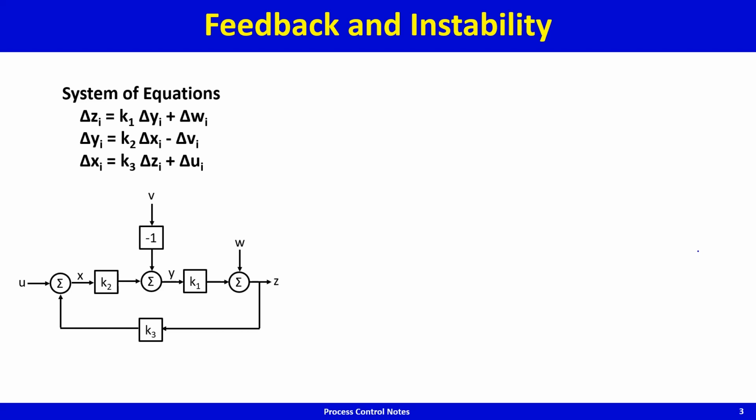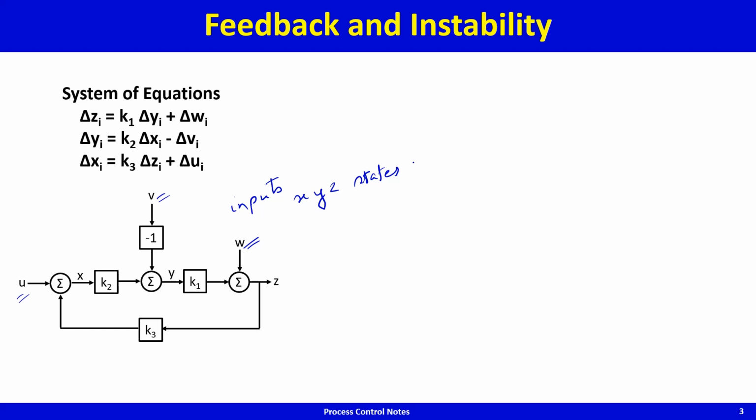Let us think of this system as u, v and w being causal inputs to the system, and x, y and z being system states that evolve in time due to changes in the inputs.